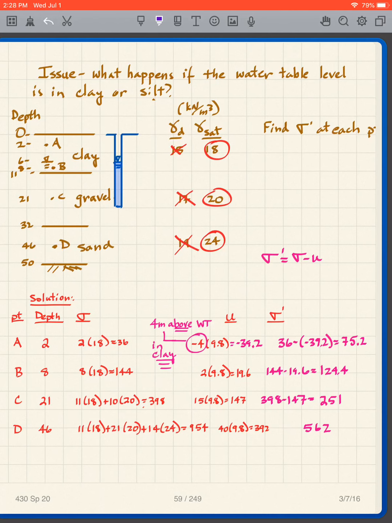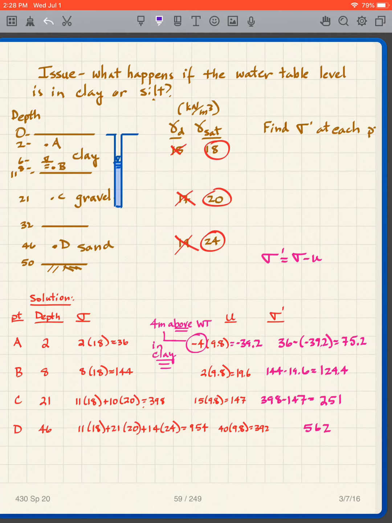If I have clay at the ground surface and it's in a dry climate or a dry period, the top of the clay will dry out. But I'm going to ignore that effect for this particular class. And what I'm going to say is that when the clay gets saturated, I'm just going to assume that it stays saturated.